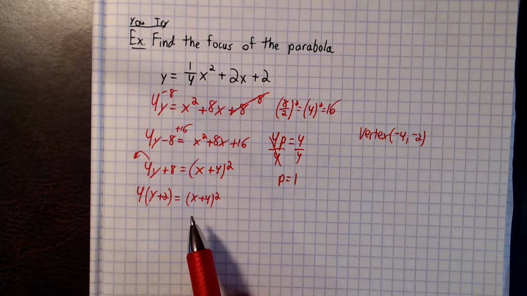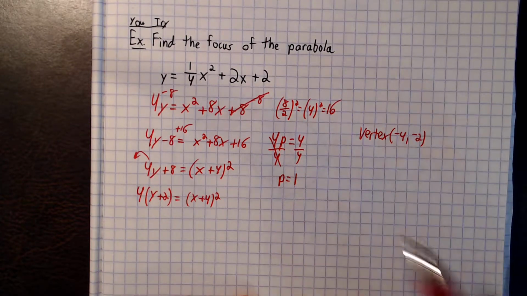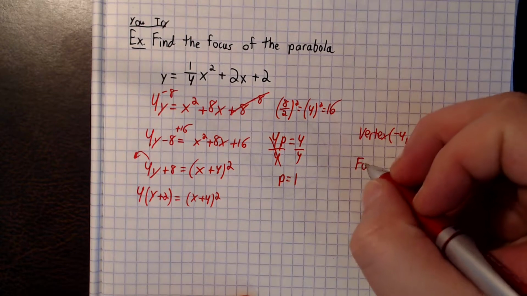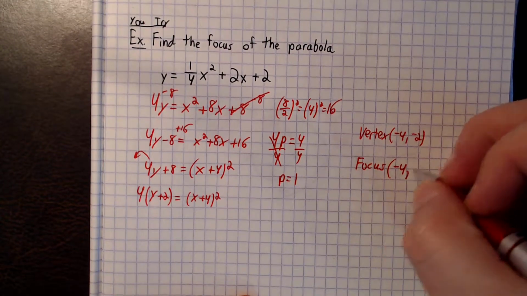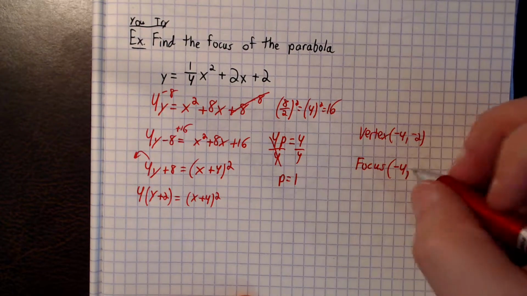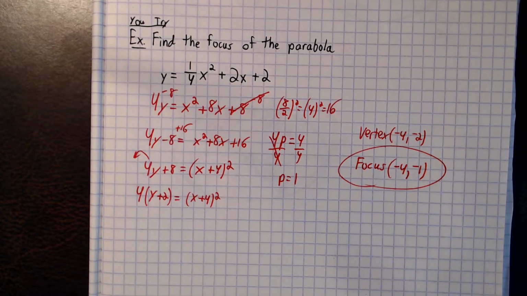Because this is vertical, that means there's going to be a change in y, and it's a change of +1. So our focus will be at -4, and -2 plus 1 is -1. Did you get that for your focus?